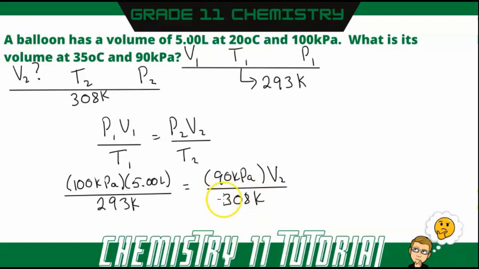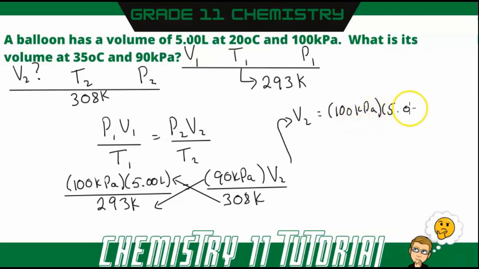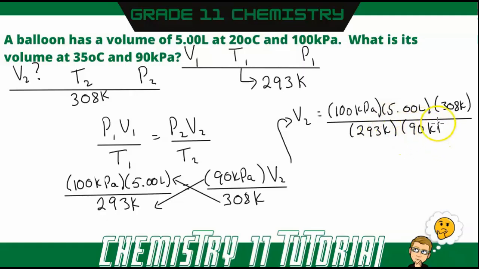So we can take 308 Kelvin, multiply both sides, so it'll come up here, and divide both sides by 90 kPa, so it'll be down there. So when we solve for that, we get V2 equal to, I'll write it all out, 100 kPa times 5 liters times 308 Kelvin, all divided by 293 Kelvin and 90 kPa.